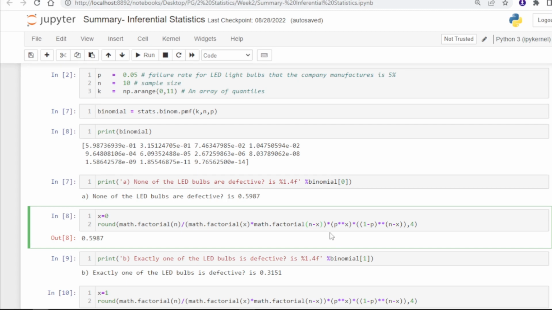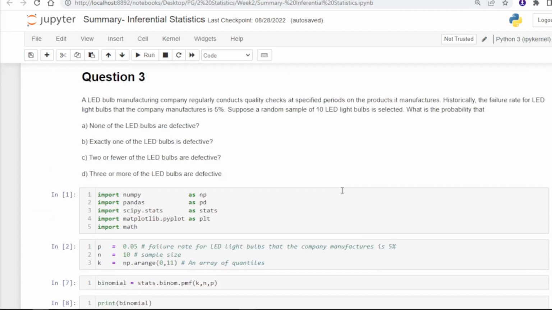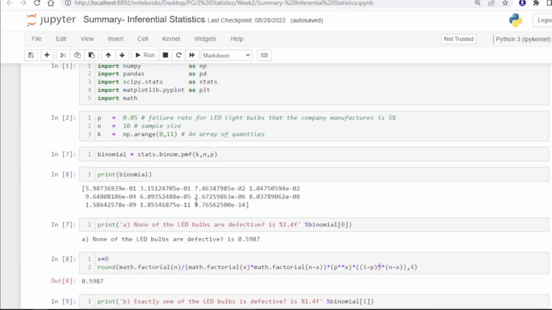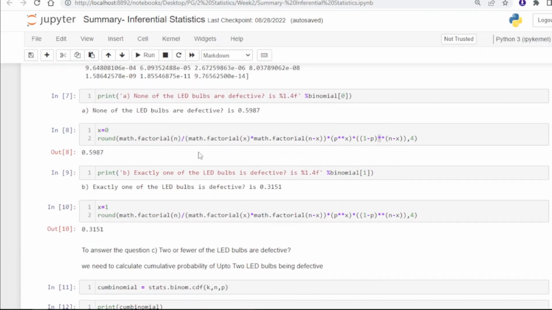And then we multiply by p to the power x, and again multiply by 1 minus p, because we want the non-defective LED bulbs, to the power n minus x. So this expression is nothing but a short form of this formula, you can see here. So you can also calculate like that, and it will give us the same value, right?